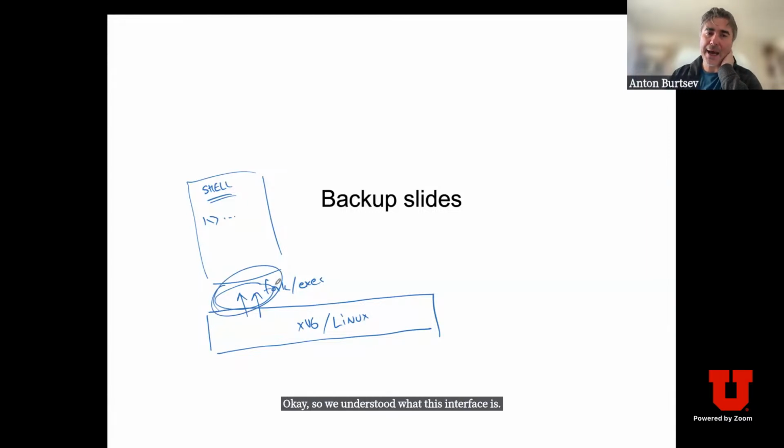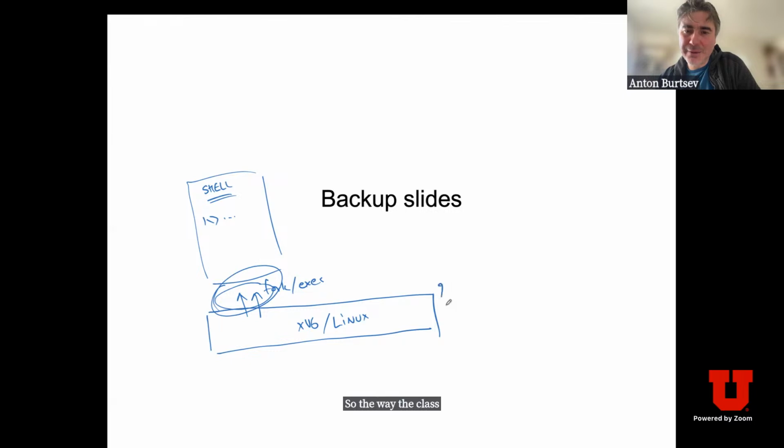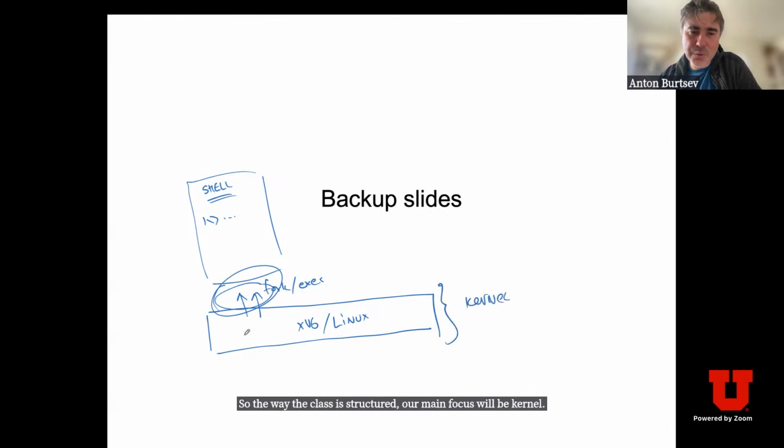The question is, do we have to learn anything else? Maybe it's enough. Why would you really try to learn anything about operating systems? The way the class is structured, our main focus will be the kernel.